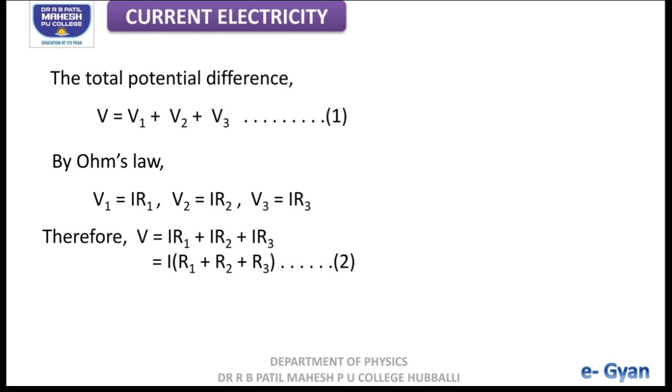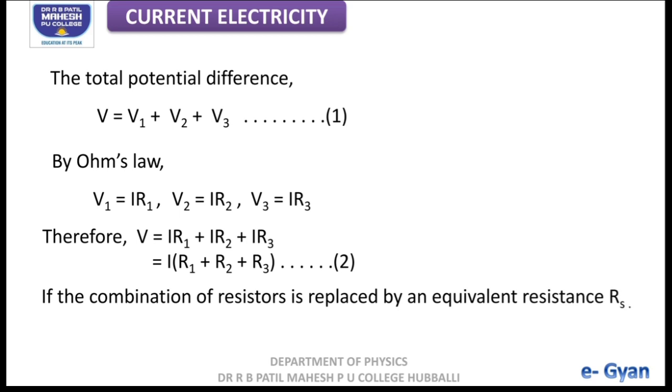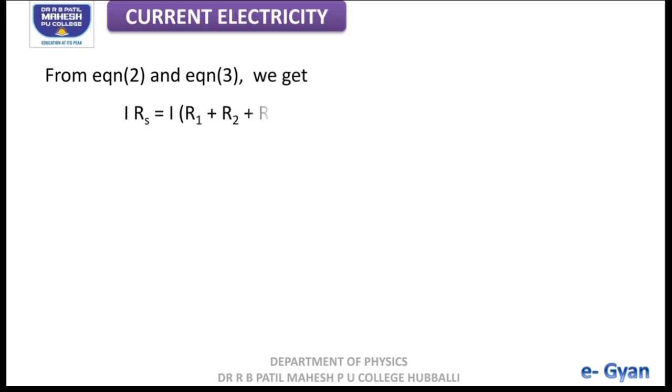If the combination of the resistors is replaced by a single resistor or equivalent resistance of Rs, then by Ohm's law we can write V = I Rs. From equation 2 and 3, we get I Rs = I (R1 + R2 + R3).